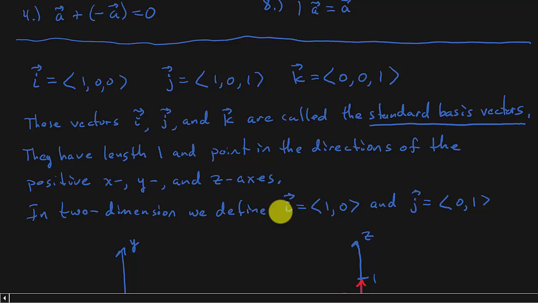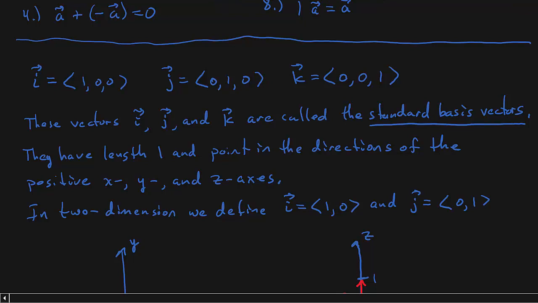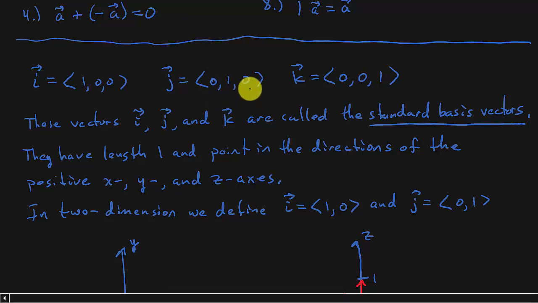You know, I just noticed this. This should be 0, 1, 0. I'm sorry about that. Yeah, I had that vector wrong. I guess I was in a hurry when I was writing these notes down. So sorry about that. But yeah, 0, 1, 0.